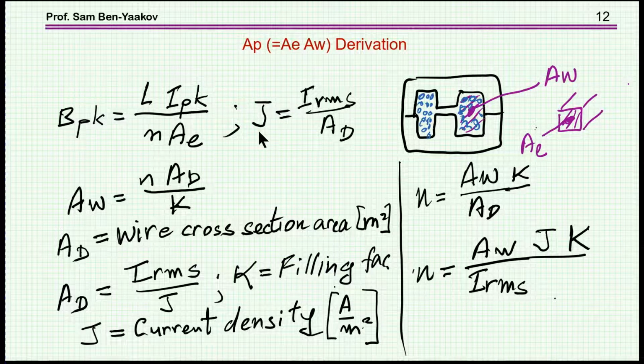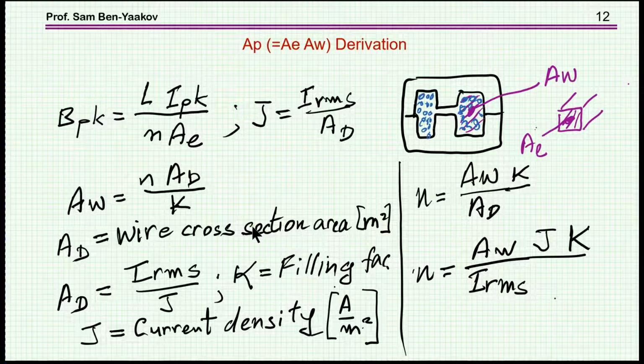J is the current density, I RMS divided by the cross-section area of the single wire here. And we can then express the winding area of the core as the number of wires with cross-section A sub D, divided by K. K is a filling factor, which means that it takes into account the fact that you cannot fill up all the area with copper, because first of all the wire is normally round, and then there is a distance between them, and also it depends on the type of the wire.